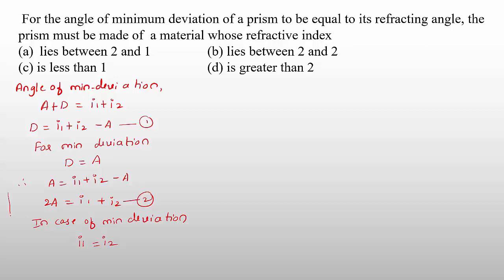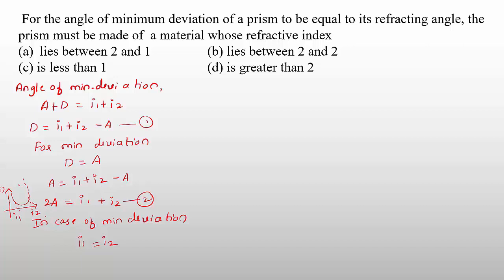You can remember this graph, which is angle of incidence versus angle of deviation. As the angle of incidence increases, the angle of deviation decreases, then it reaches a minimum value, and again it starts to increase. At this condition, at minimum deviation, I1 and I2 both are equal. So I1, I2 are equal here.